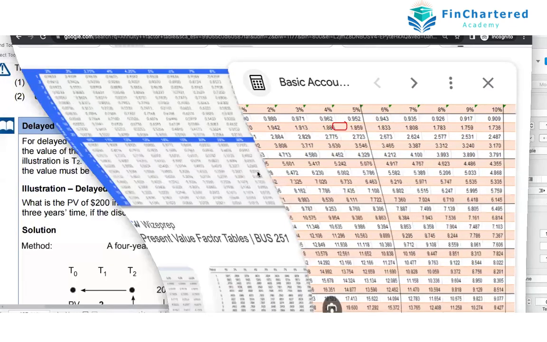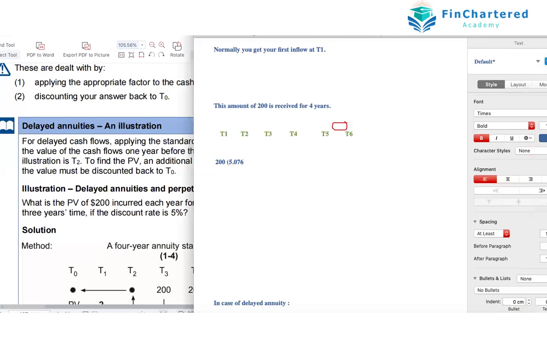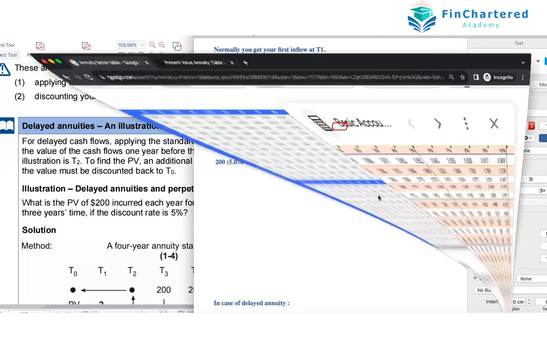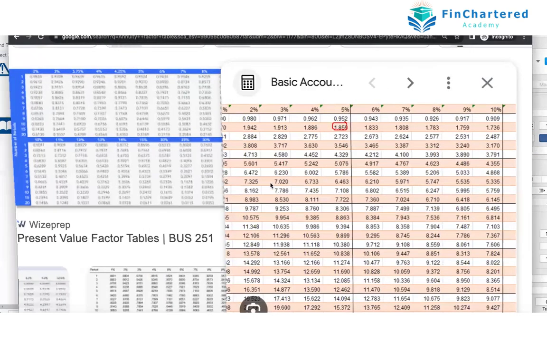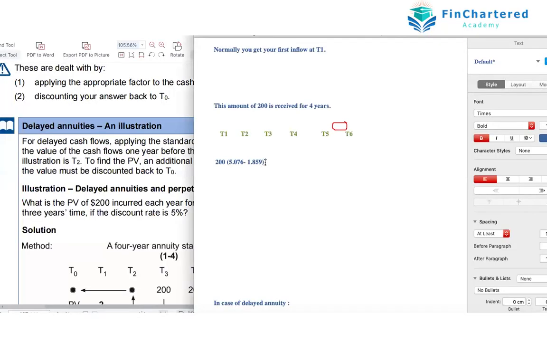So if you deduct 1.859 from 5.076, how much is the balance? The annuity factor 5.076 minus 1.859 is 3.217.